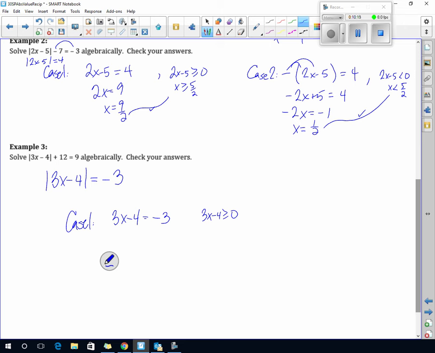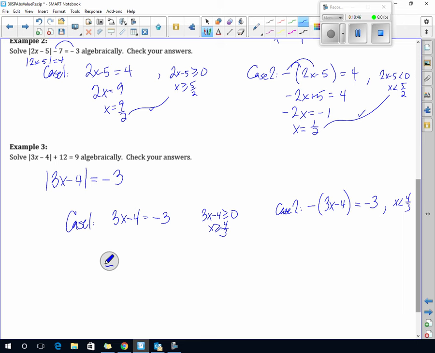Case 2, negative bracket 3x minus 4 is equal to negative 3. And then that would be when x is less than 4 over 3. By the way, on the test, I will make a space for you to put that restriction. Show you two cases, yeah? That might also help you realize you have to split it into two cases.